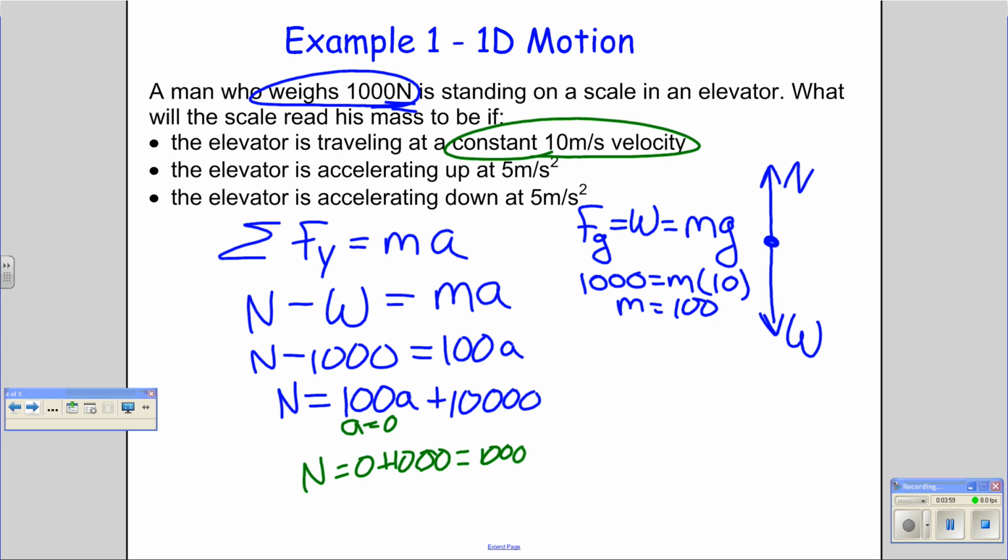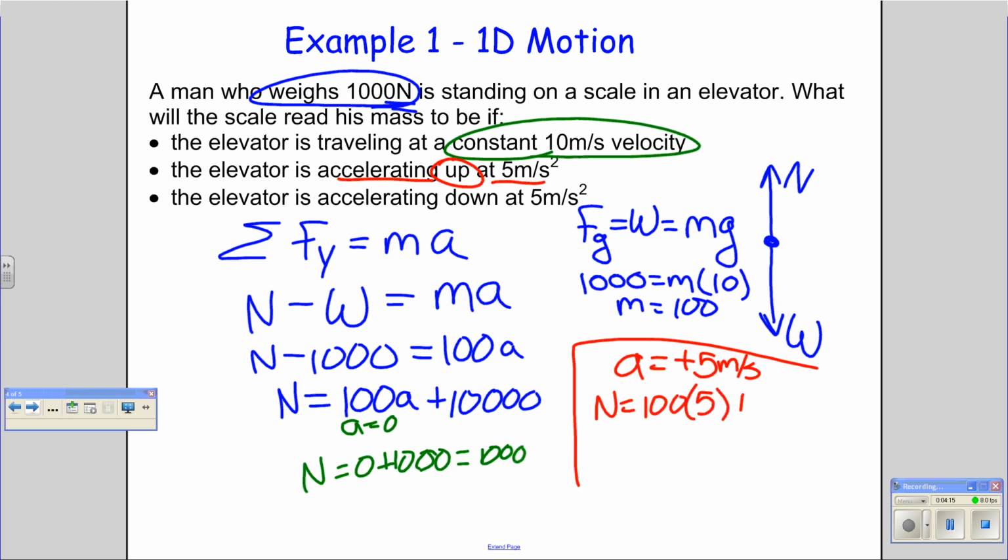For our next situation, you are accelerating up at 5 meters per second squared. So a equals positive 5. So n equals 100 times 5 plus 1,000. So n equals 1,500 newtons.